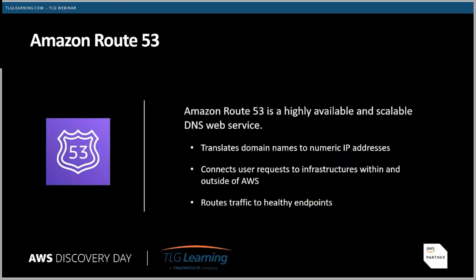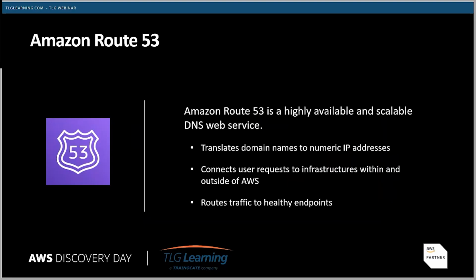Other networking services with AWS include Route 53. Route 53 is the DNS service, translating names to IP addresses. You can host your DNS zones here if you want. You register new domain names with AWS.